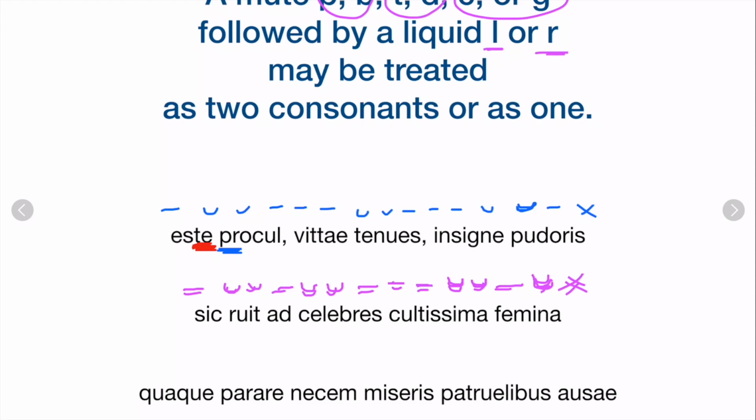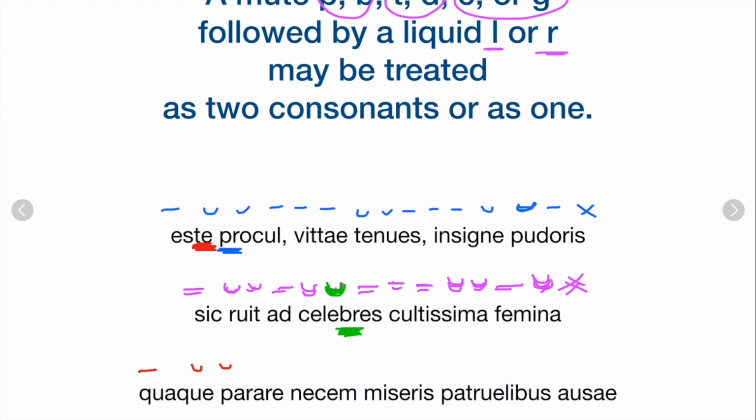Okay, so where's our mute plus liquid? It's that BR right there. Okay, again, we're taking them as one consonant. So this syllable here, le, is still short. Let's look at another example.